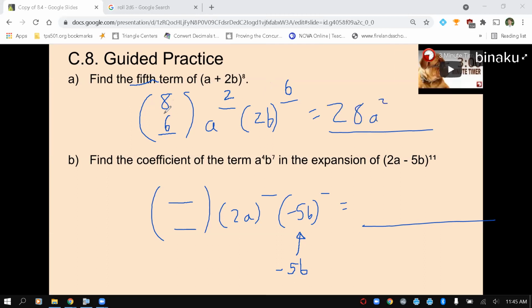A squared, what's 2 to the 6? 64. B to the 6. And then if we combine the 28 into 64, 28 times 64 is 1,792. A to the second, B to the 6th. Clear as mud?